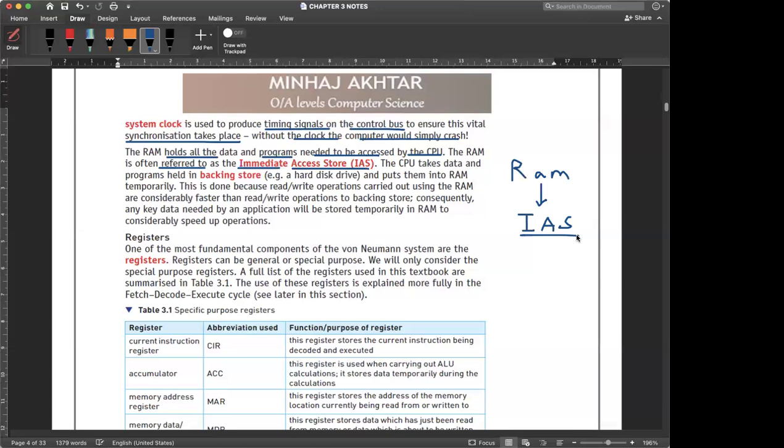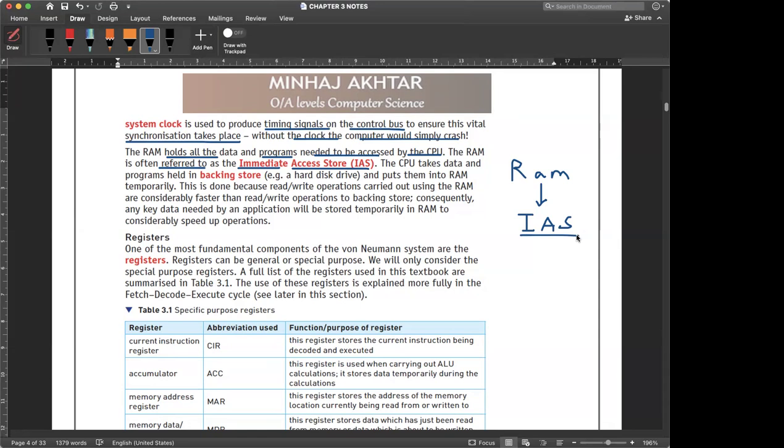So what is the purpose of RAM? Do you know? The purpose of RAM, I think, is to store memory, but it's just for temporary purposes. RAM is there to manage the programs we are using in the computer.